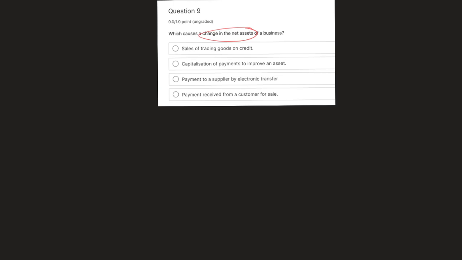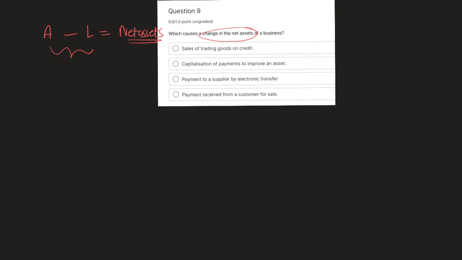The change in net assets implies assets minus liabilities, yes, is equal to capital, but it is also equal to net assets. So in this question, you want to look out for the transaction that is going to result in a change in the assets and the liabilities such that the net impact is not nil, okay?